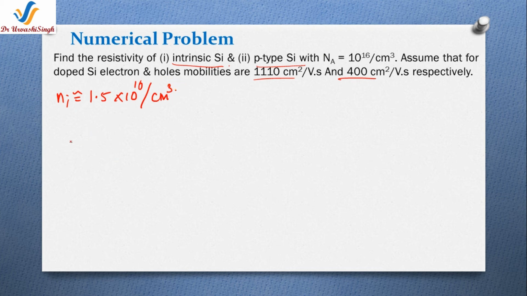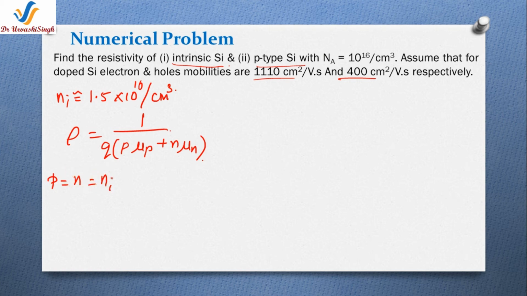So our resistivity formula is 1 upon q(p μp + n μn). For an intrinsic semiconductor, the concentration of holes is equal to the concentration of electrons, and it is the intrinsic carrier concentration. So I can write it as q Ni (μp + μn) using the standard values of the mobilities.